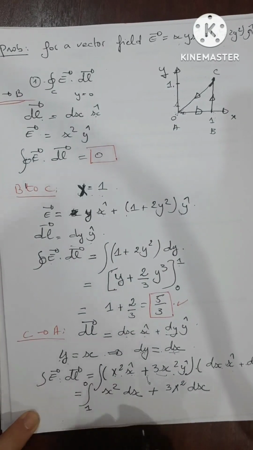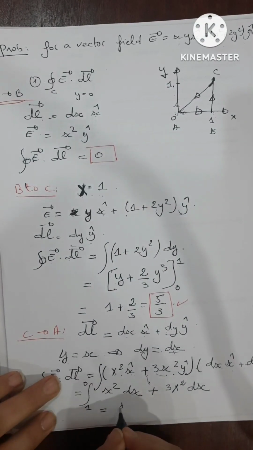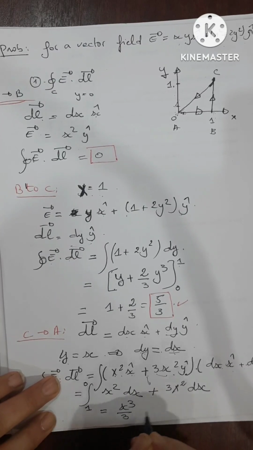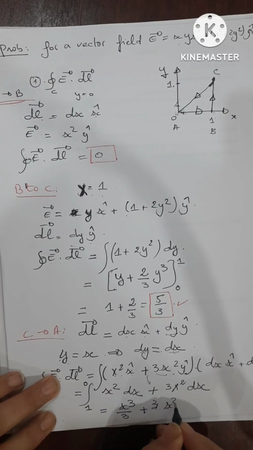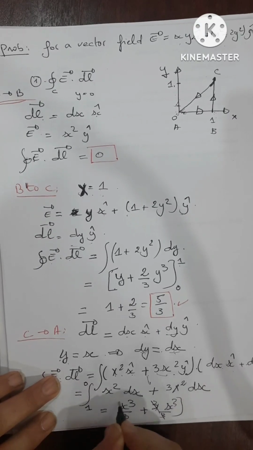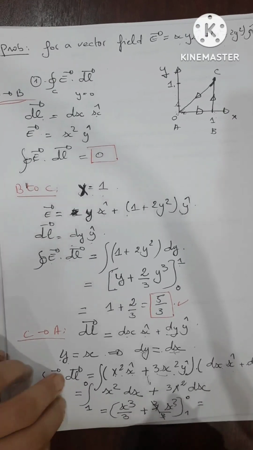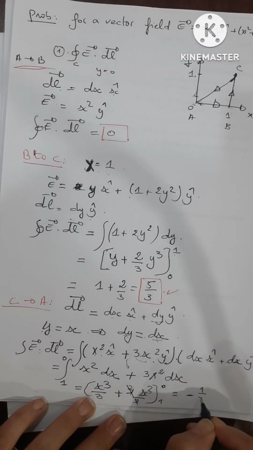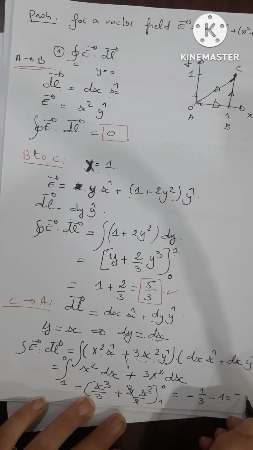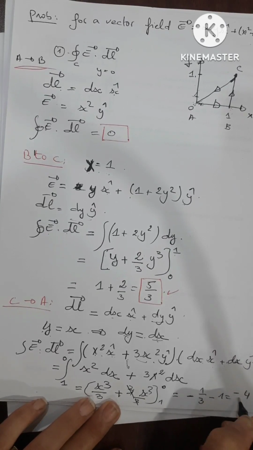It is x cubed over 3 plus 3x cubed over 3 from 1 to 0, so it is minus 1 over 3 minus 1, it's minus 4 over 3.